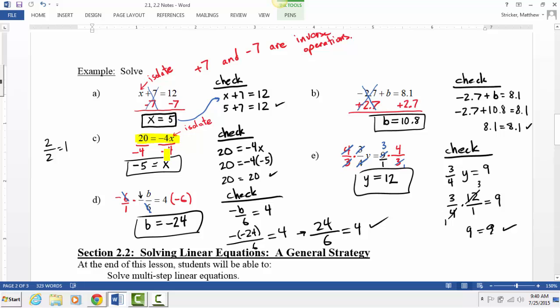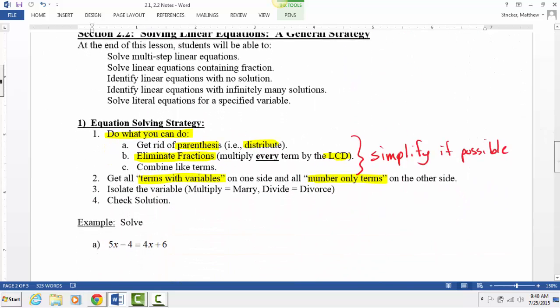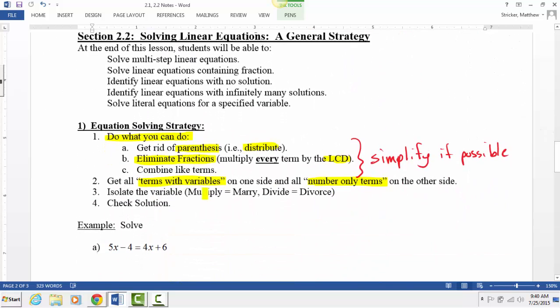Once we've done that, notice we had to still isolate the x. We had to divide. And I have a little thing to help us remember this. I didn't give you this the last section, but if we take a real world example, we talk about marriage. Well, marriage and multiply both start with the letters M. Now, and remember inverse operations.